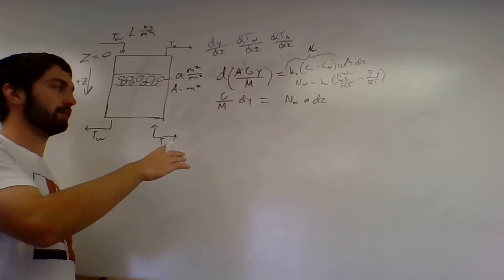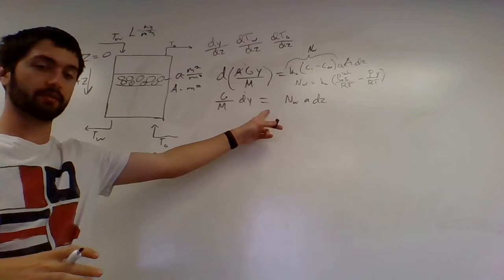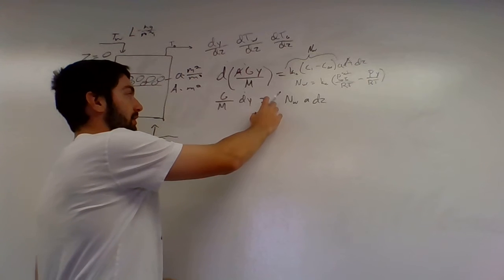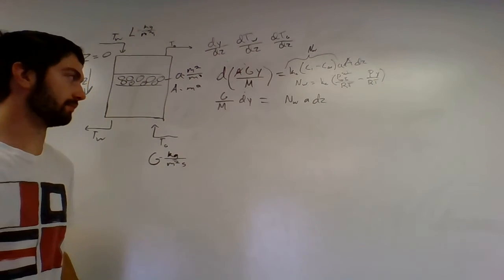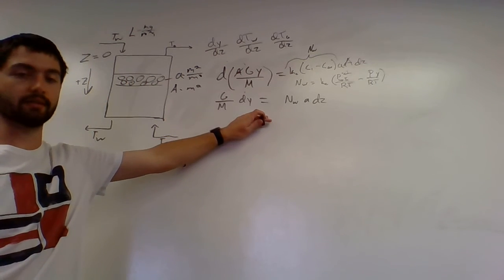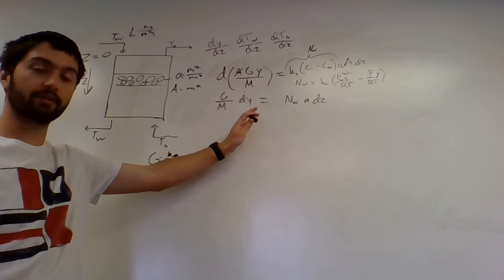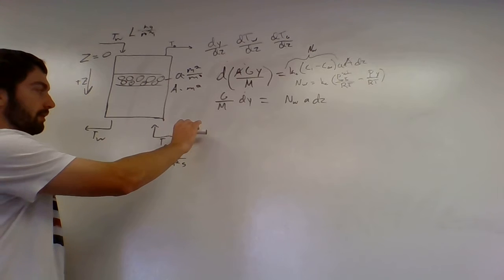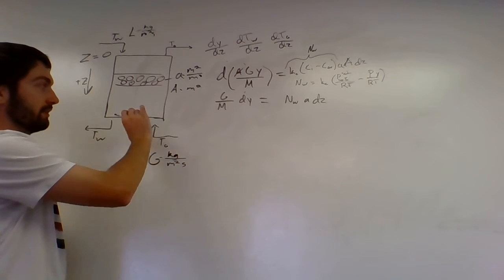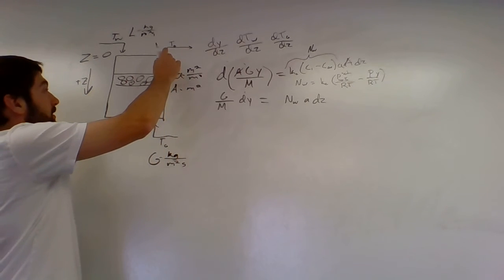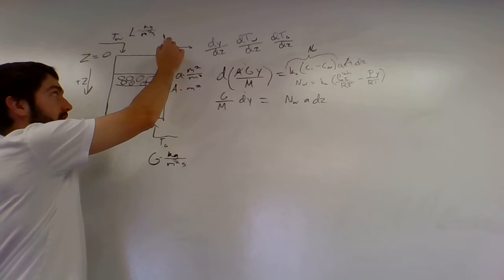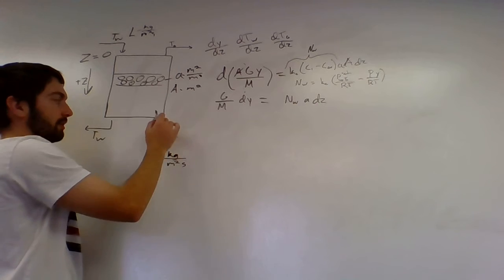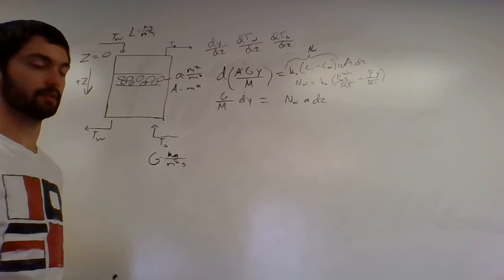And since we defined this position z equal to 0 at the top of the cooling tower, we actually are going to need to throw a negative sign into this differential to account for that, because this differential will say that the concentration of water is going up and increasing in the air, when in reality, with respect to the position as we defined it, it's really decreasing, because it'll be at a higher concentration of water here at z equal to 0, and a lower concentration of water when z is the max.